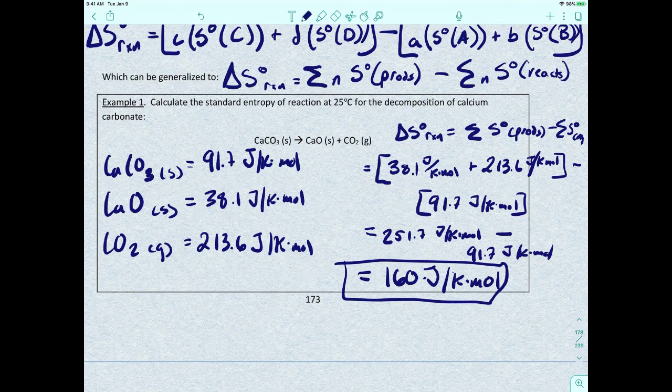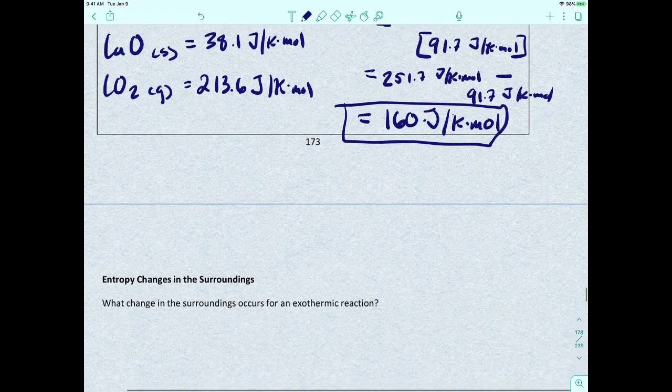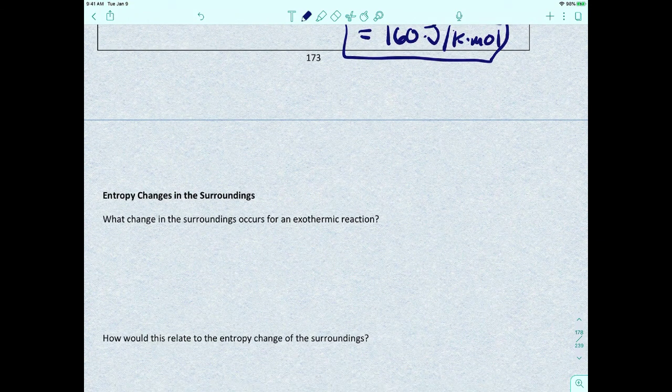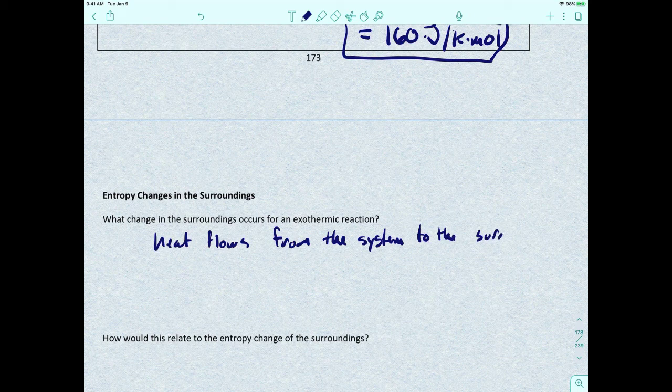Okay, so what about taking a look at the entropy of the surroundings? What change in the surroundings occurs for an exothermic reaction? Well, we know that heat flows from the system to the surroundings, and when this happens, we increase the number of microstates.